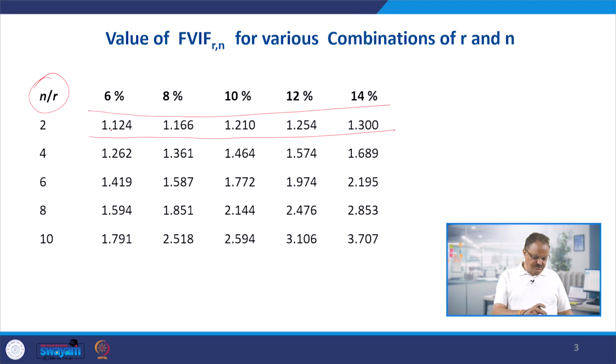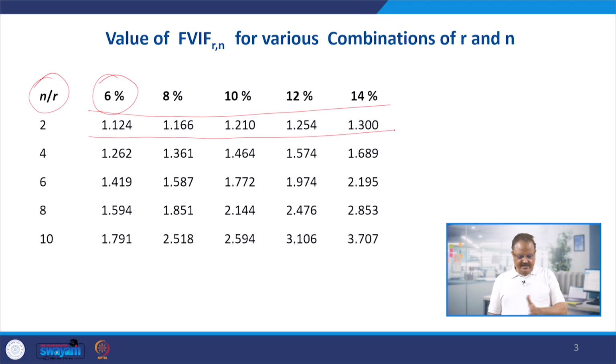After 4 years it will become 1262, after 6 years 1419, after 8 years 1594, and after 10 years 1791, provided the rate of interest is 6%.